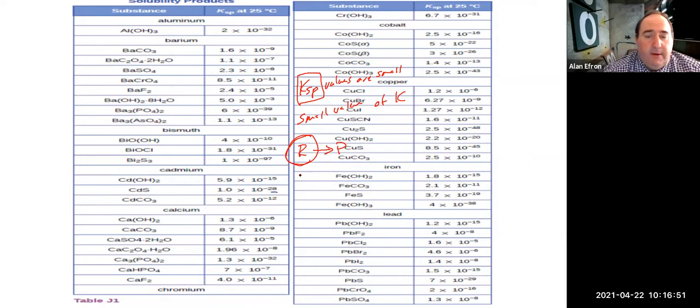When we think about a Ksp type of reaction, the reactant side is always a solid and the product side is aqueous ions. So if we tie all that together, small Ksp value means small K value, and small K value means we mainly have reactants when we reach equilibrium.